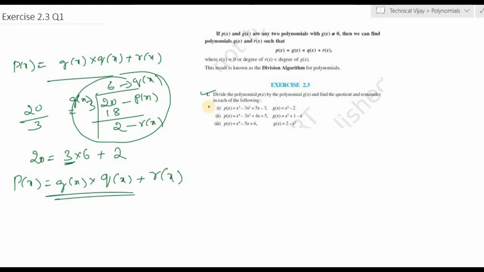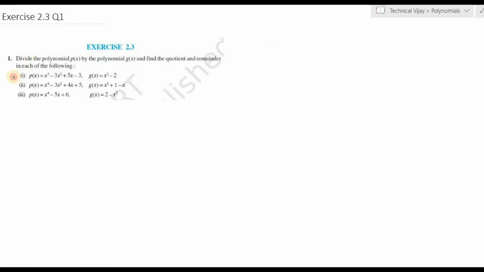Okay, we will solve this question number 1 now. In this question, p of x is given and g of x is given. So p of x is x cube minus 3x square plus 5x minus 3, and this we will divide by x square minus 2.